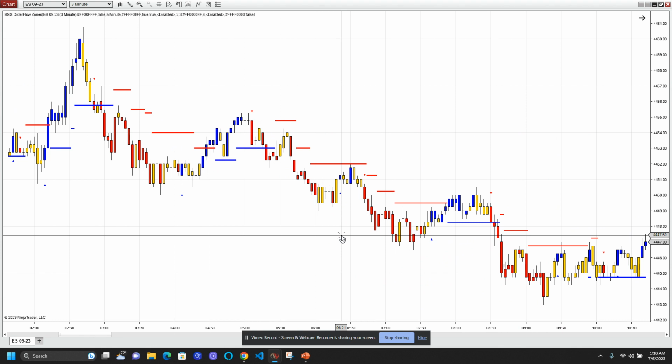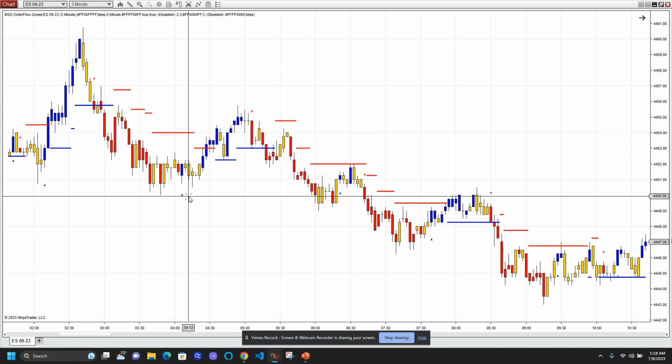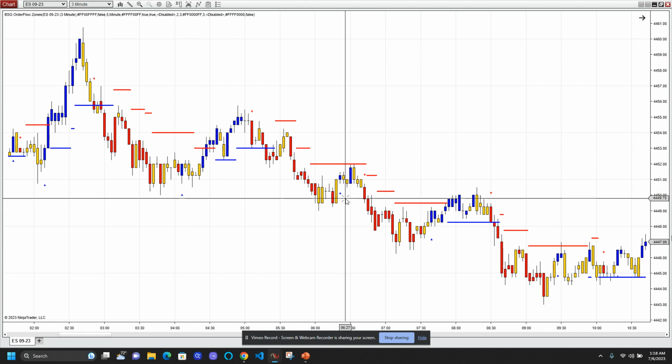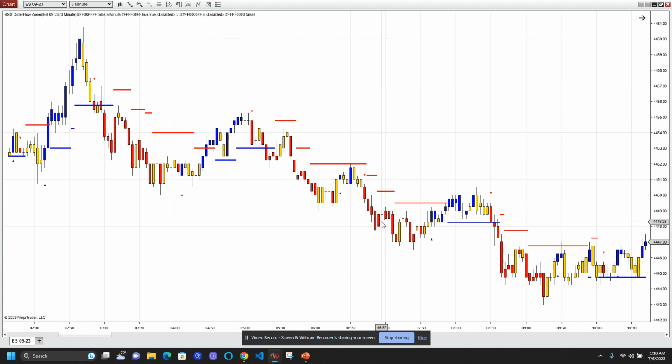So that's when we decided to make the size of the signals a little bit smaller and focus on the color coding, because it's much more effective to use this to stay in the trade longer instead of as a trade entry strategy. Yes, you can use it as a trade entry strategy, but it's much more effective the other way around.